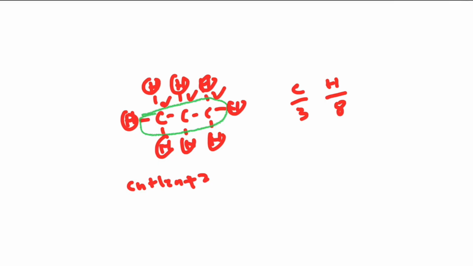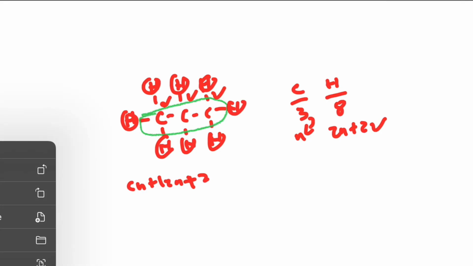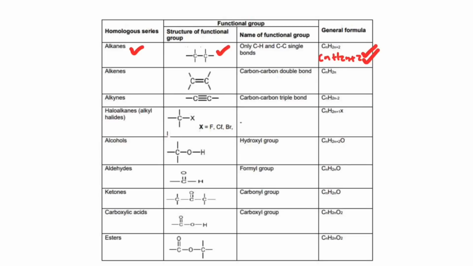As you can see, if 3 is n, 8 is 2n+2, where 3 is our value of n, right? So if you have 3 carbons, you're going to have 8 hydrogens in an alkane. That's what we mean by the general formula of alkanes is CnH2n+2.